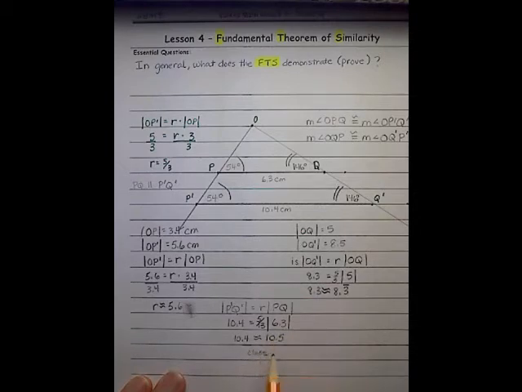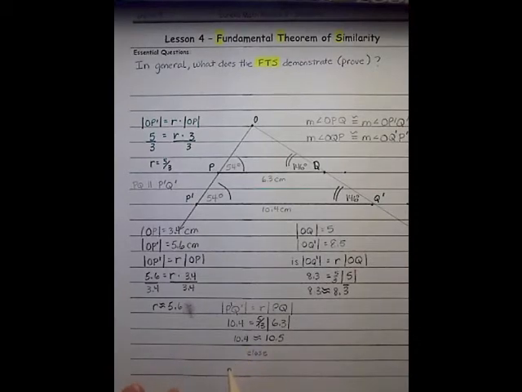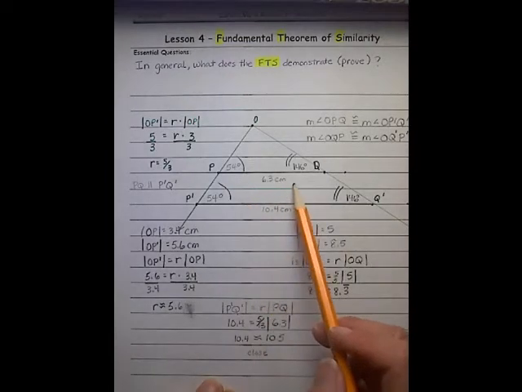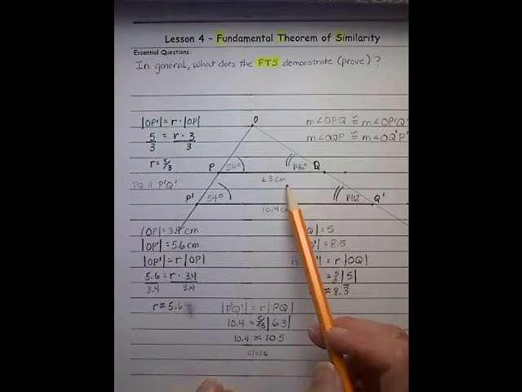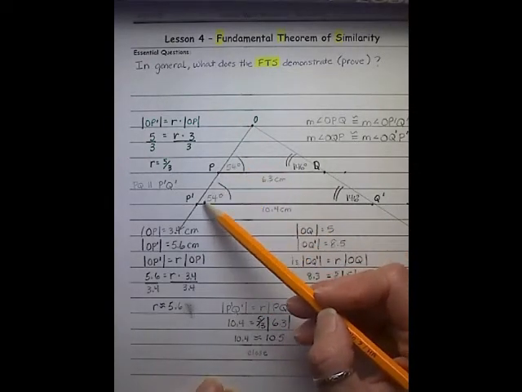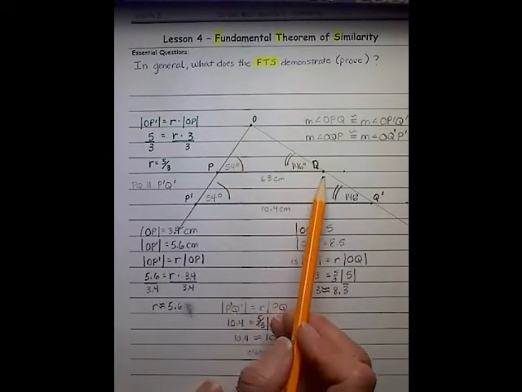And again, you might be off by 1 millimeter because of just human error. So what this shows is that the third side that's not dilated directly has the same scale factor as the dilated points. Again, we dilated these segments using 5/3, and we dilated this point using 5/3.